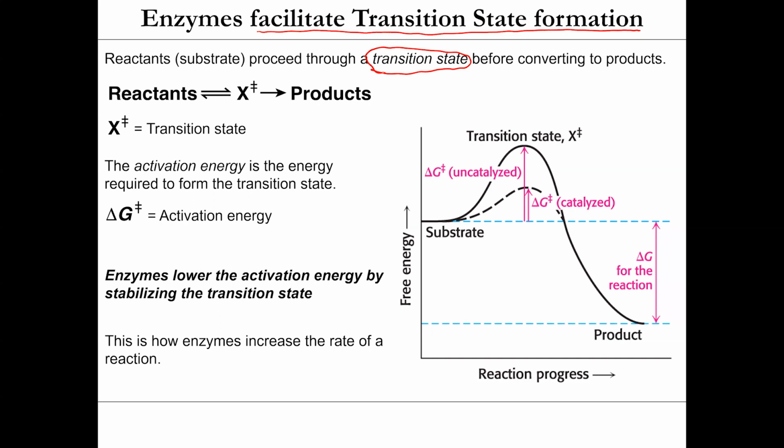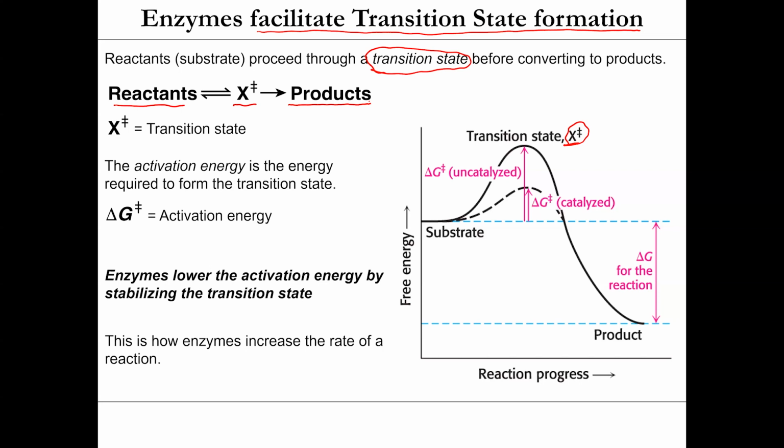You can see here that this transition state is going to be at a higher energy delta G level, and it's indicated by this double cross. So the reactants will convert into the transition state before they convert into products.